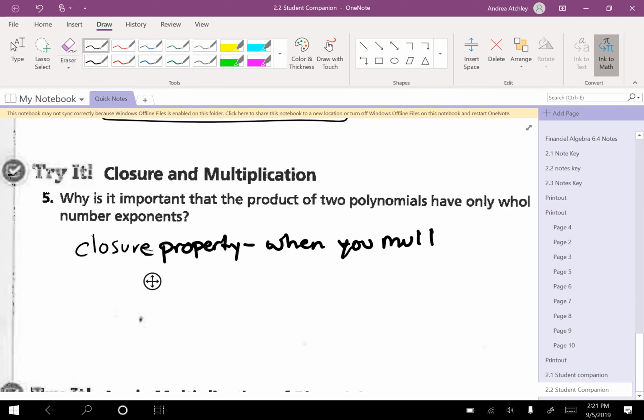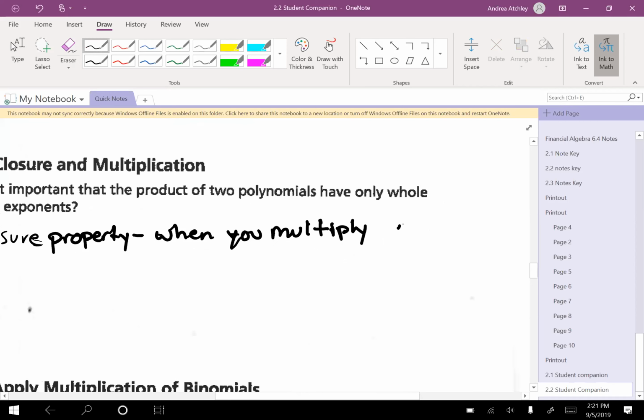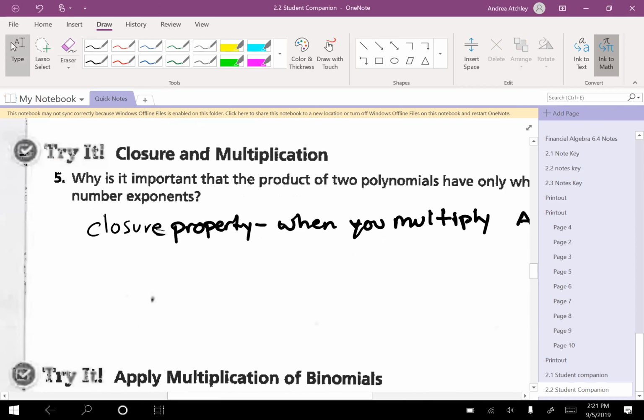When you multiply, add, or subtract polynomials, the answer is a polynomial.